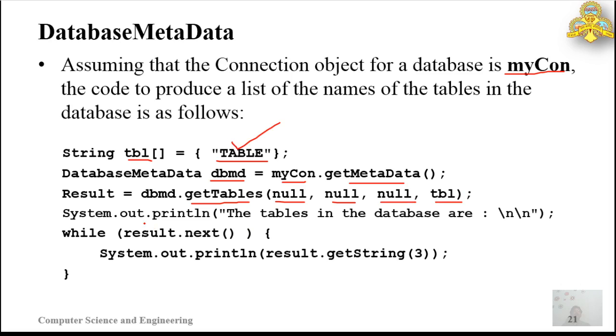Now from this ResultSet object, that is result, okay, it should be lowercase. Here is a typo, here is result.next. Using a while loop I can get the information: the third field, getString. From each row there will be one database table name.